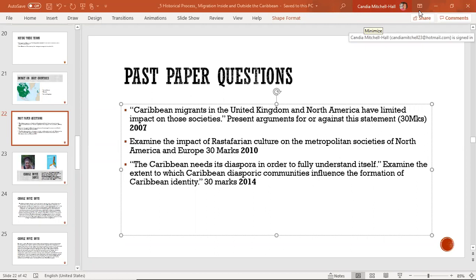We are more Caribbean outside the Caribbean than inside, because when Caribbean people migrate to places like the United Kingdom, Canada and the US, we are so small and we are in these big countries that you have to group up with each other, because we have all of these historical similarities, geographic similarities and geological similarities. We are so similar, so we group together, and because of that, we form a strong Caribbean identity.